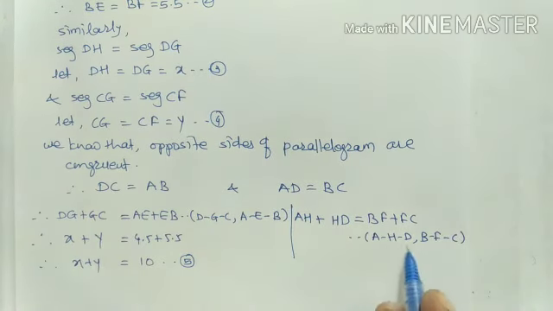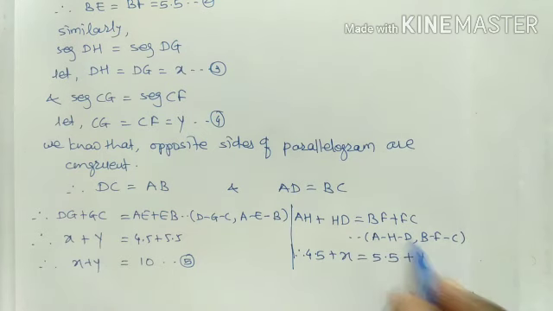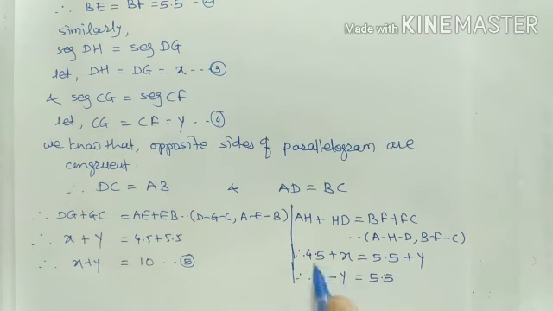Point H is in between A and D. A, H, D are collinear and point H is in between A and D. And therefore here AH equals 4.5, HD equals x, BF equals 5.5, FC equals y, and therefore x plus y, side change केल्यावर minus y होईल, this 5.5 plus 4.5 आहे, side change केल्यावर minus 4.5 होईल, therefore x minus y equals 1. Here we got the next equation, the sixth equation. हे fifth आहे, म्हणजे पुढचा number हा sixth आहे.